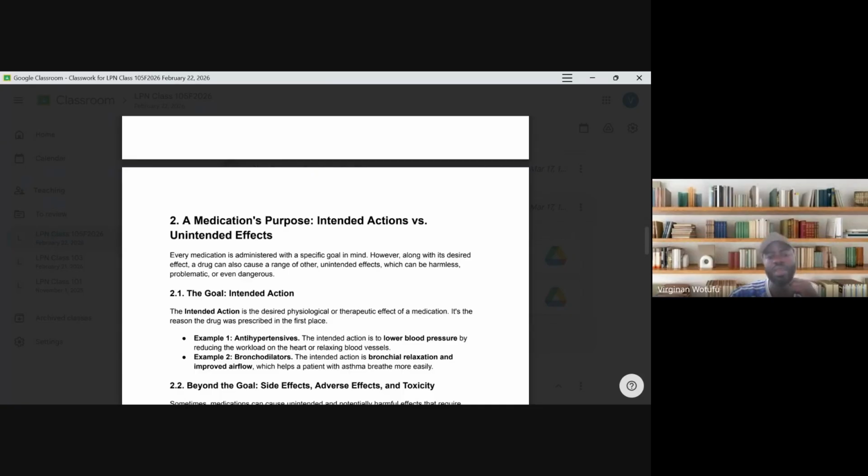So side effects are often expected secondary effects of medications in the body on a normal dose. When you pick up a medication and you're reading the labels, you see side effects like nausea, vomiting, right? Those are side effects, correct? Now we're talking about adverse effects.